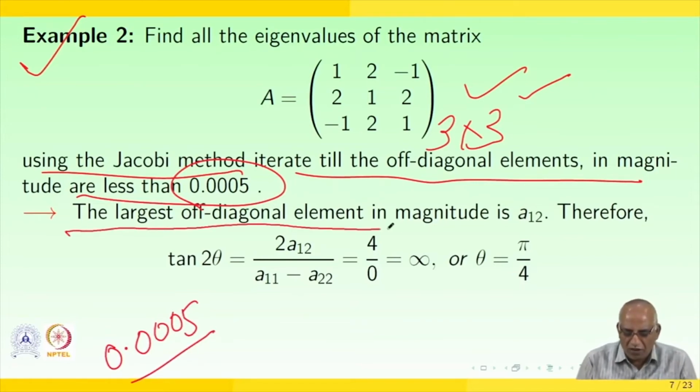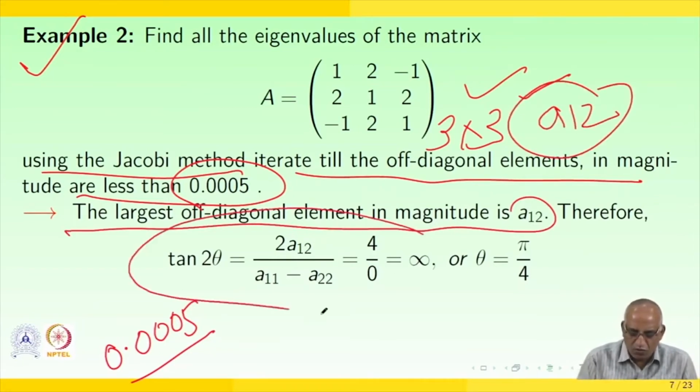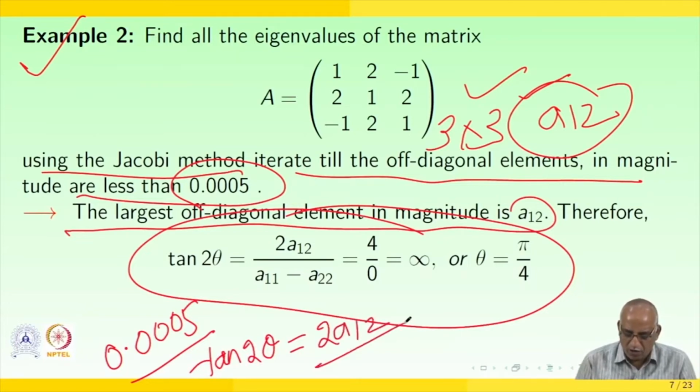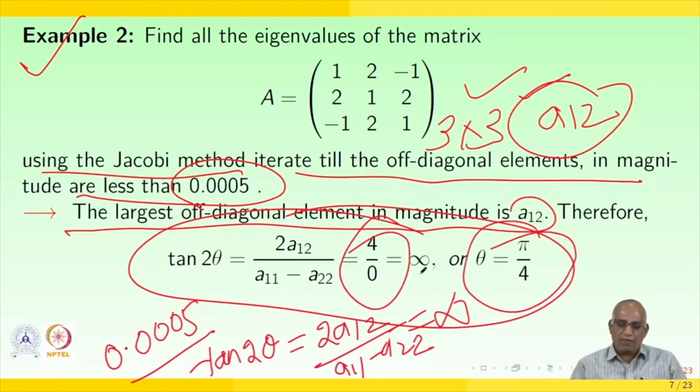The largest off diagonal element in magnitude is A12. Therefore, we will write tan of 2 theta equal to 2 A12 upon A11 minus A22, which turns out to be infinity, because something divided by 0 is infinity, or theta is equal to pi by 4.